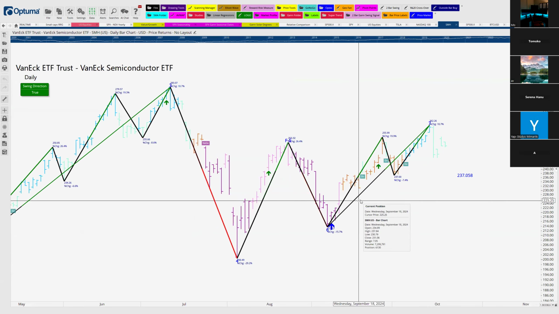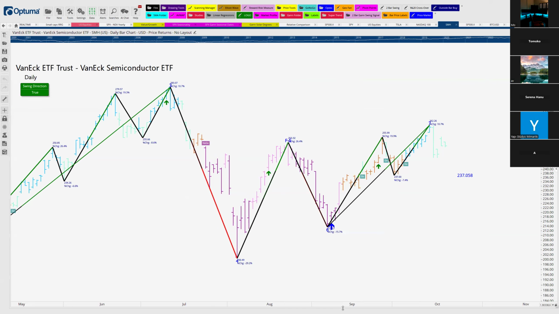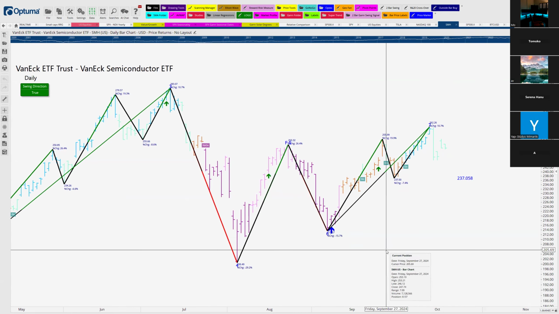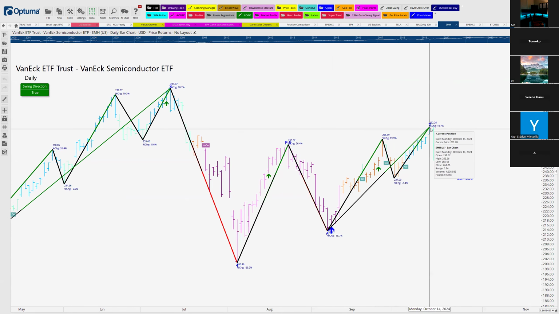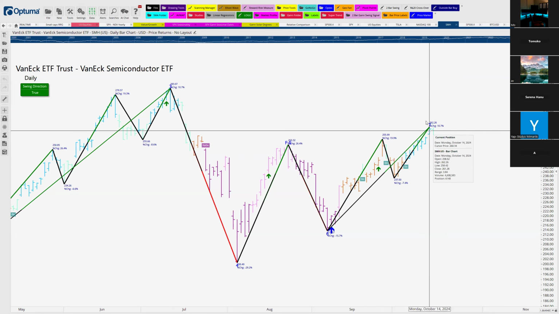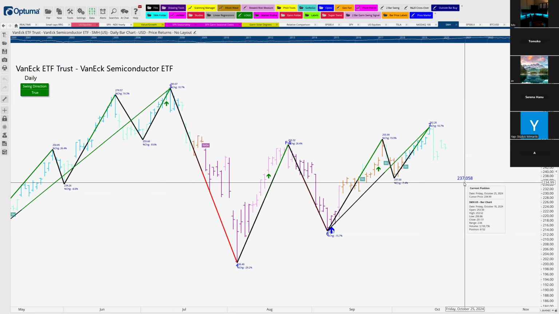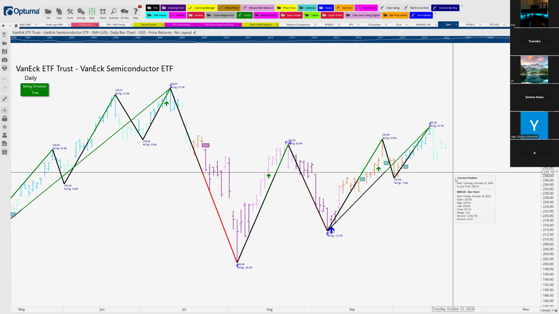Here's SMH. I don't know, man. I just don't have a good feeling about semis. Look, this is in a seventh swing right now, on daily. It's getting up there. The eighth swing is going to be to the downside.